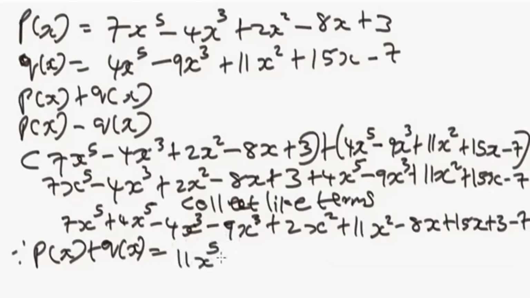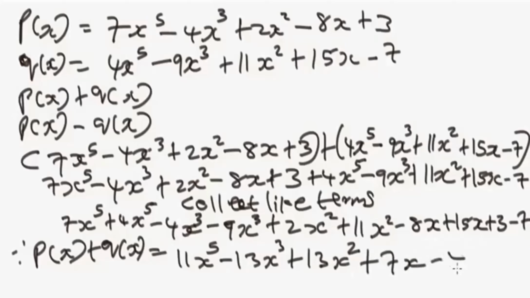Minus 4x cubed minus 9x cubed is going to give us minus 13x cubed. 2x square plus 11x square is going to give us plus 13x square. Minus 8x plus 15x is going to give us plus 7x. 3 minus 7 gives us minus 4, and that will be the addition of the polynomials. So let's wipe this now and solve for subtraction.